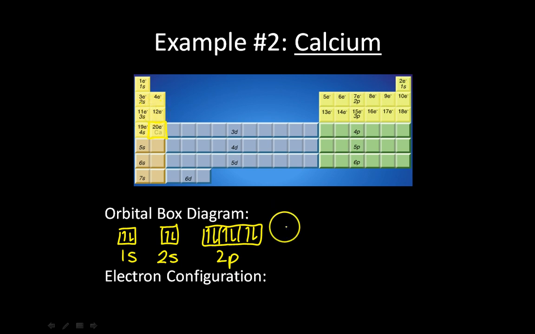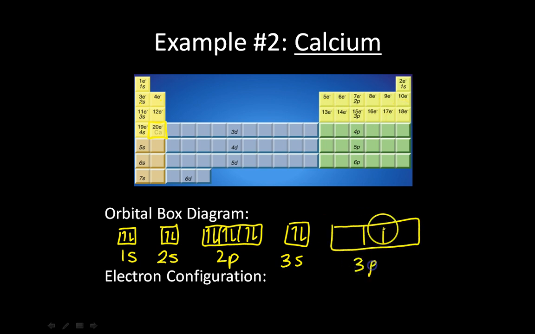So electrons 11 and 12 would go into the 3s orbital. Electrons 13 through 18 would go into the 3p orbital. Oops, that one ended up with really wide boxes. And then finally, we'll put 2 electrons into the 4s orbital.